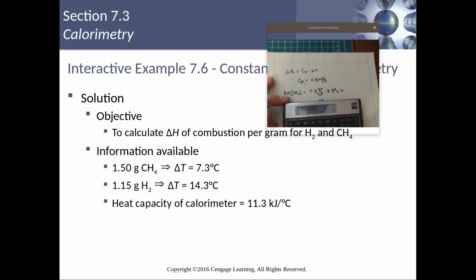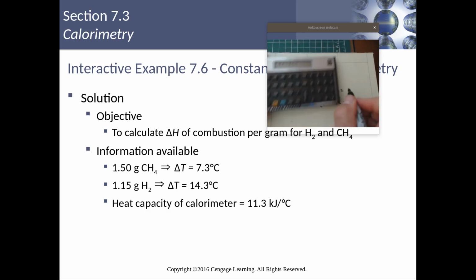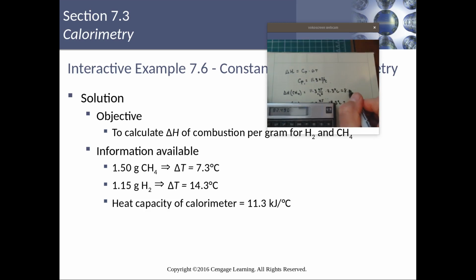And what do we have? We have 11.3 times 7.3, that's 82.5 kilojoules.